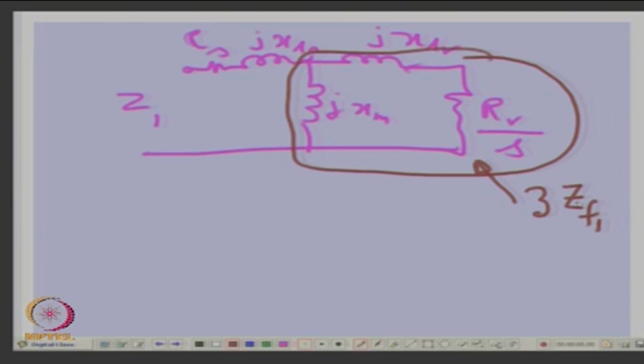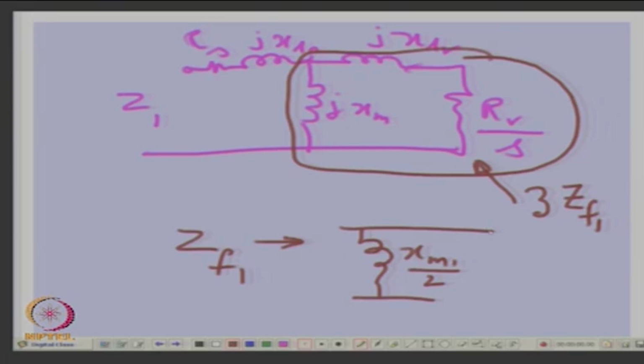What is ZF1? So, we must be very clear about it. As per the circuit which I already told you earlier, ZF1 will have XM1, and let us say RRF by S. I think you need to correlate this, there are factors of 3 by 2 etcetera.